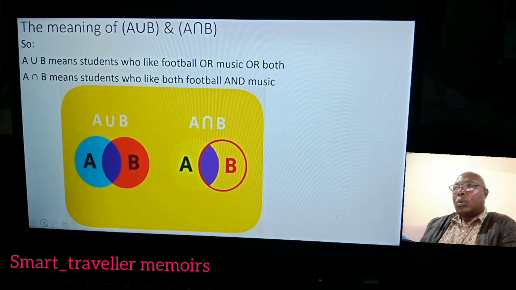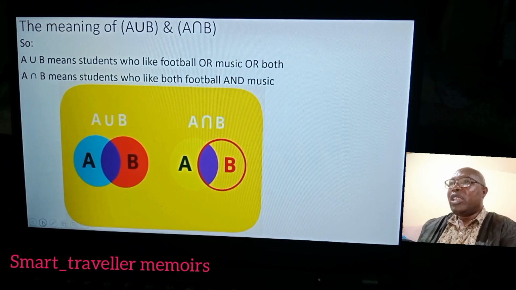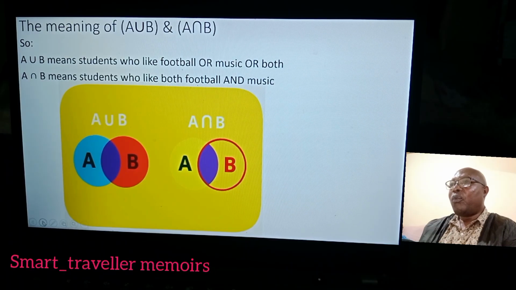So, what is the meaning of A union B and A intersection B? A union B means students who like football or music or both.